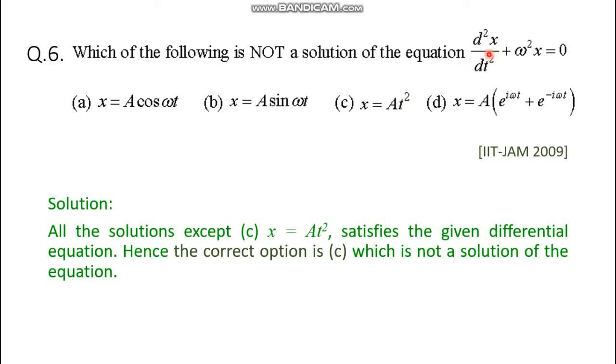Just put the value of x as a cos omega t, or a sin omega t, or this one, and it will be satisfied. But for this one the equation is not satisfied, so this is not a solution of the equation. Since the question asks which is not a solution, this one is the correct answer.